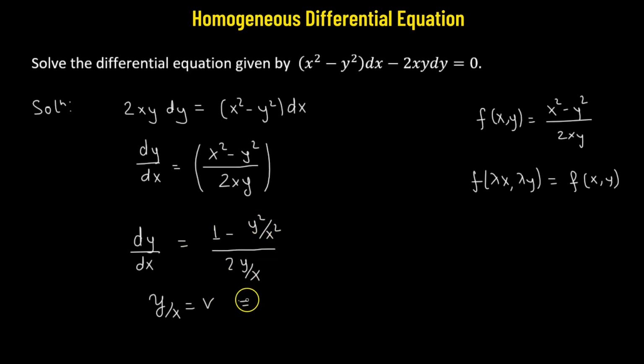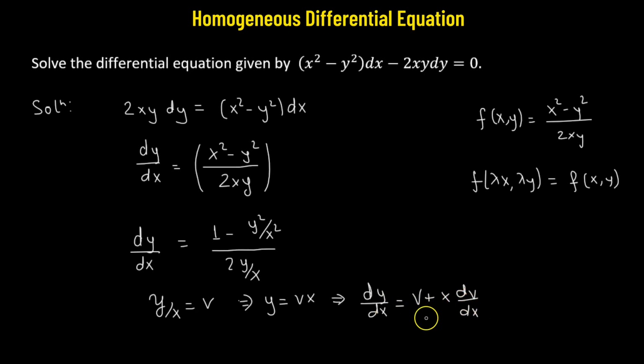Also, y over x equals v is simply y equals v times x. And when you take the derivative on both sides with respect to x, we will get dy over dx equals the derivative of v times x. So this will have to use the product rule, and this will be v plus x times dv over dx.